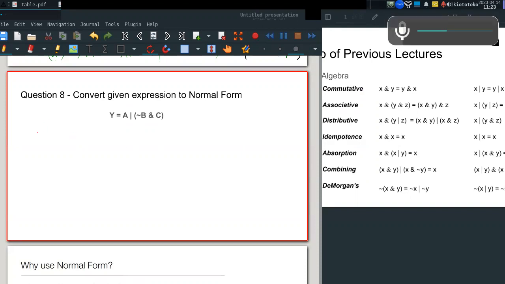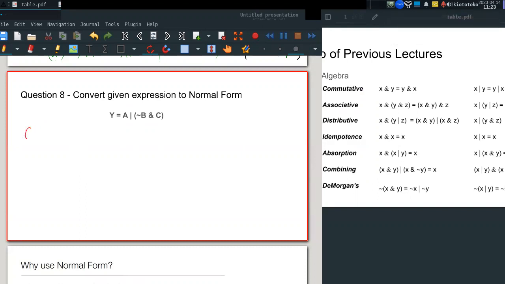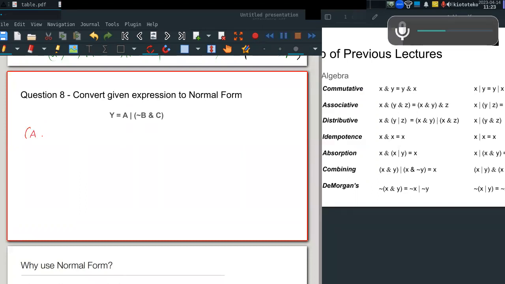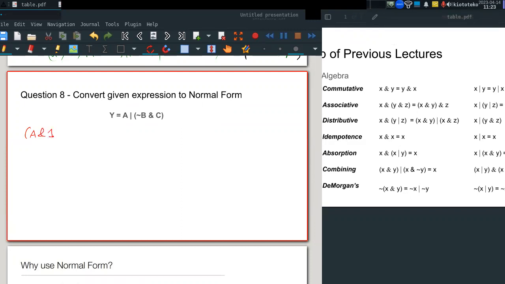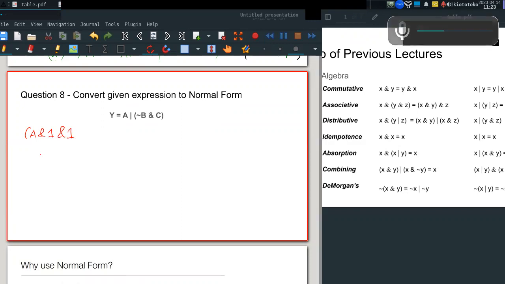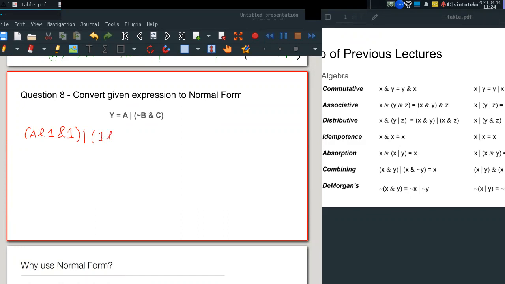So basically what you do is, okay, we have A, and let's use identity and just put these ones that behave like placeholders. Again, because you can AND something with a one and it doesn't matter. And the same here, no? Or 1 and not B and C.